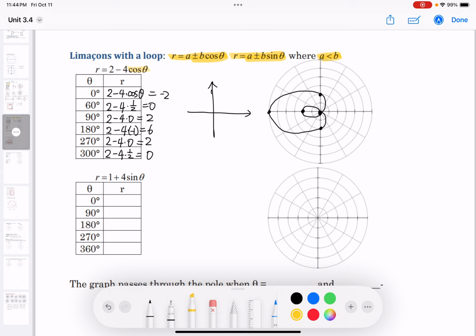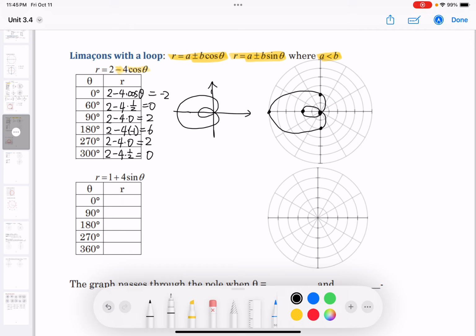This is cosine, so my limaçon with a loop will lie on the x-axis. And in front of the cosine is negative, which means the major part will be located on the negative x-axis. So let's draw a heart with an inner loop.